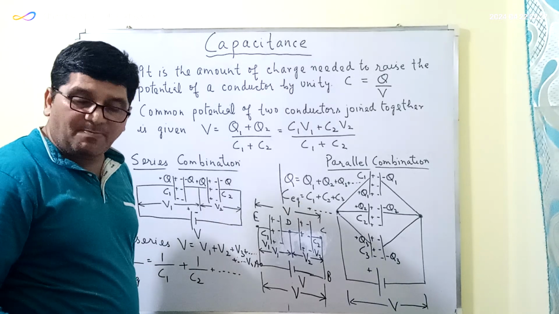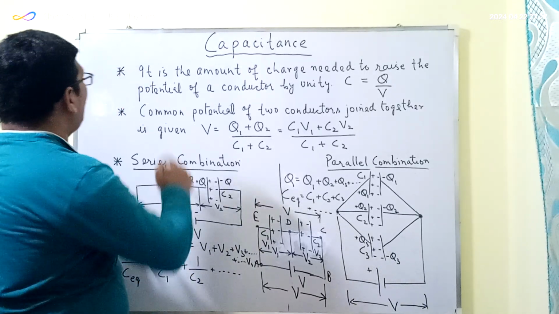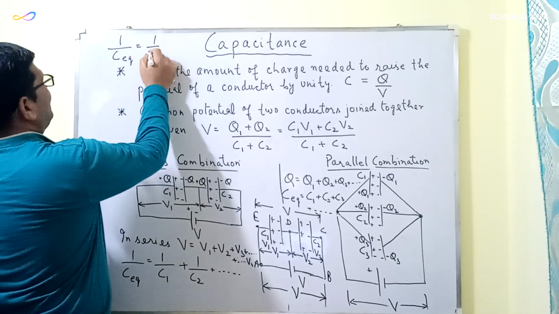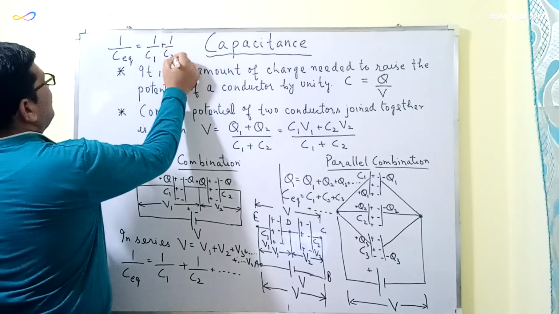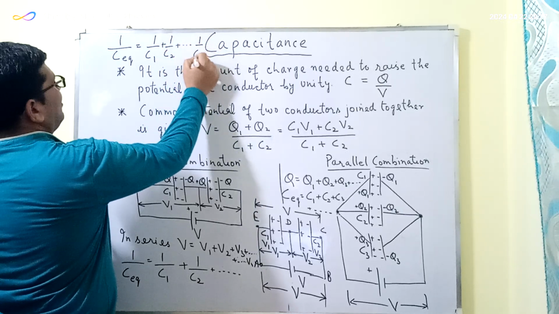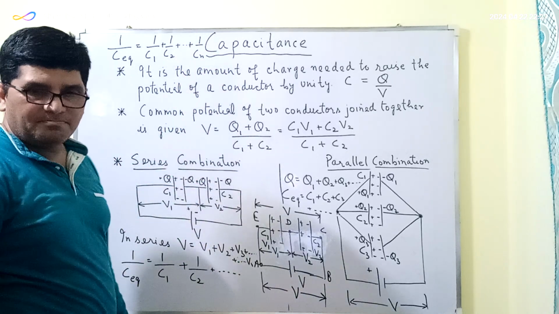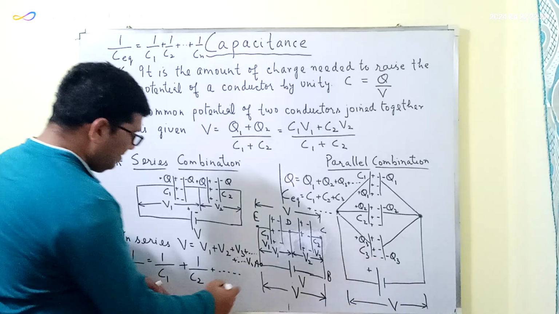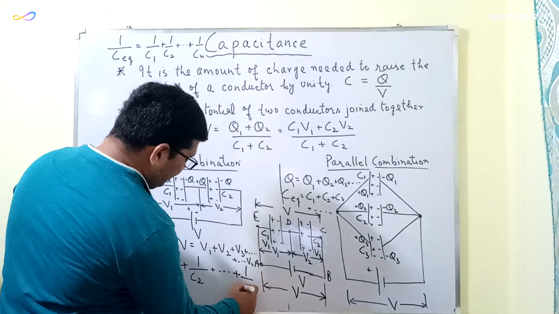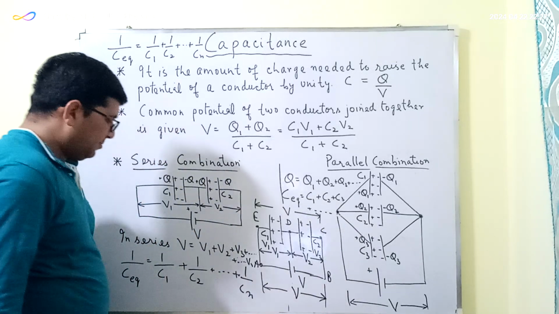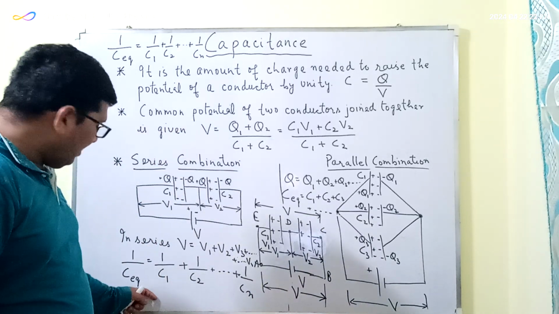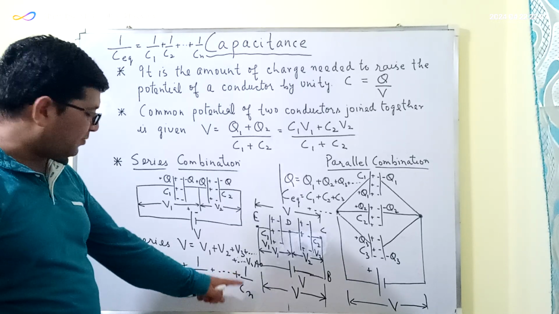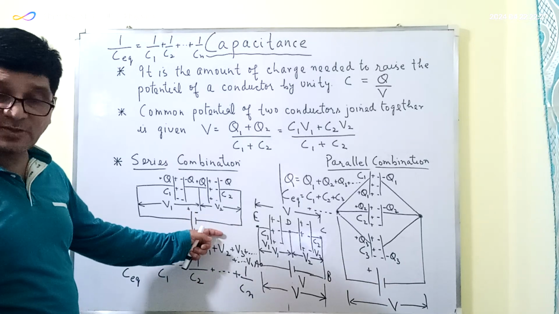So the equivalent capacitance, or we can say the net capacitance, is like this: 1 upon C equivalent will be equal to 1 upon C1 plus 1 upon C2 plus and so on, like this, plus 1 upon Cn. So the equivalent capacitance is 1 upon Ceq is equal to 1 upon C1 plus 1 upon C2 and so on up to 1 upon Cn. This is in the case of series.